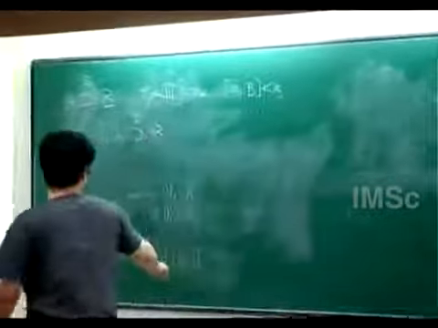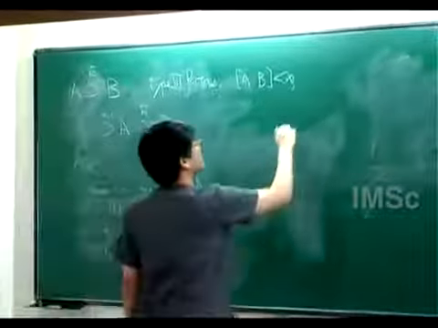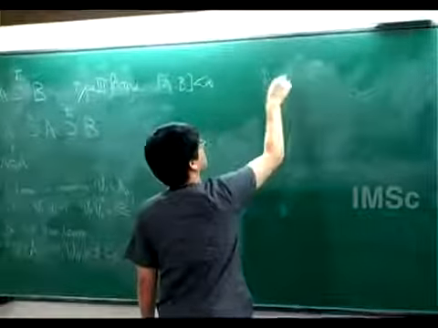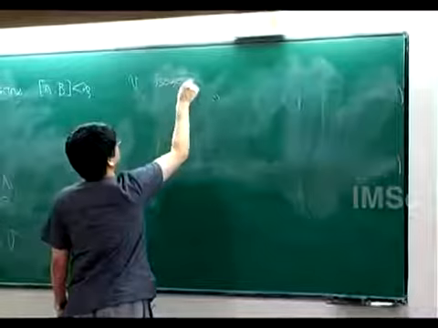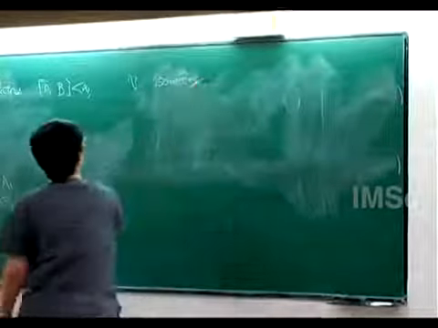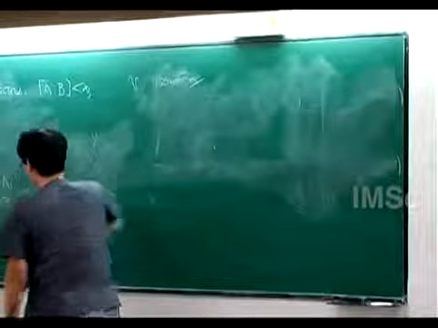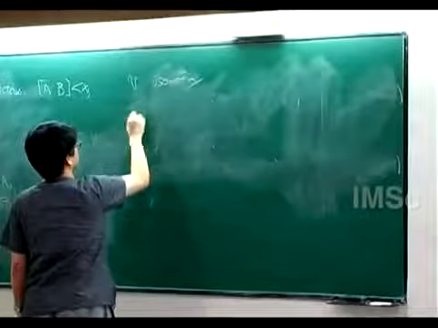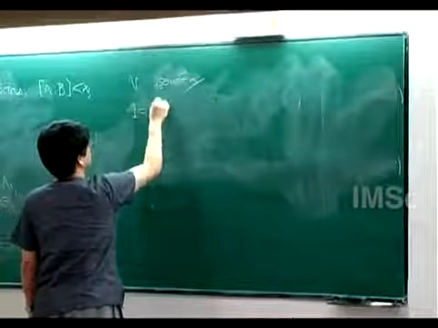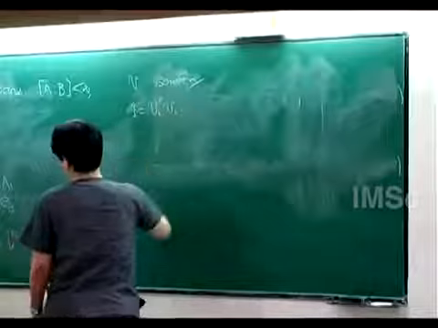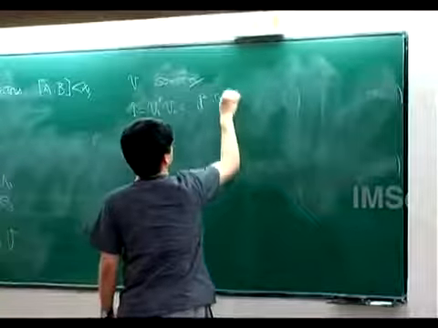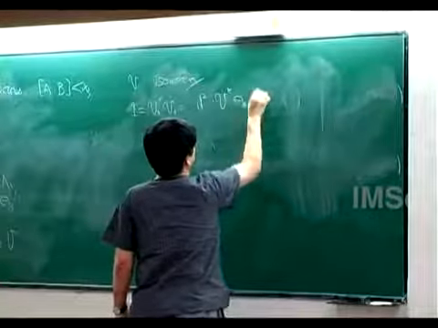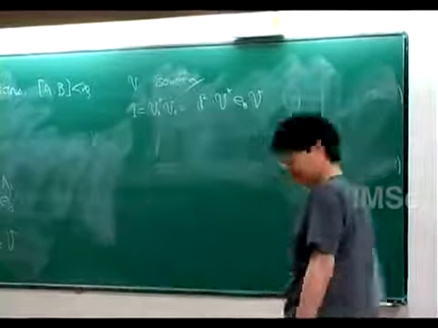Then this is an isometry because, well, let's compute. Since V0 is an isometry, we have this, and then we have this equation.